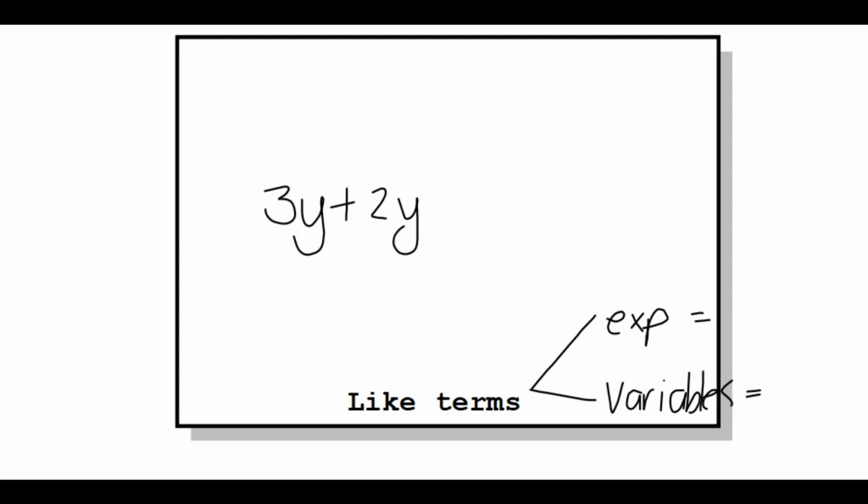But let's change it up a little and say 3y squared plus 2y. I can't add that because that is then unlike terms. That exponent there is 2 and this exponent is 1. So they don't have the same exponent, so I can't add them.